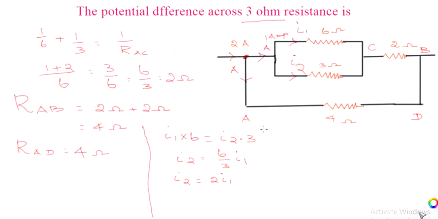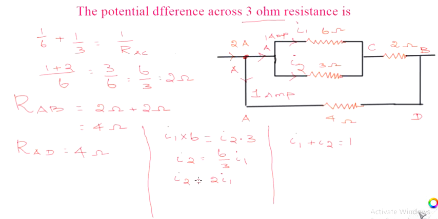Now, I1 plus I2 is equal to 1, because 1 ampere enters here, 2 ampere enters, 1 ampere is going here and 1 ampere is going here. Therefore, I1 plus I2 is 1 ampere.